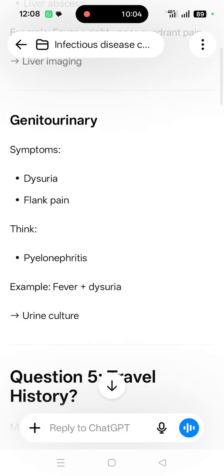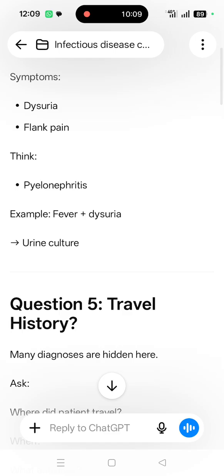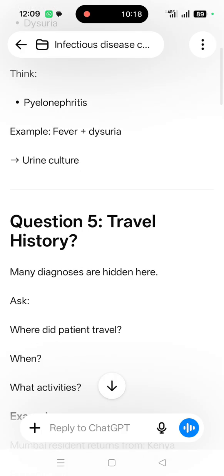Genitourinary will complain of dysuria and flank pain, and then you should think of pyelonephritis. An example is fever plus dysuria, then you should go for urine culture. Then you come out with the diagnosis of infection, if it is infectious fever.